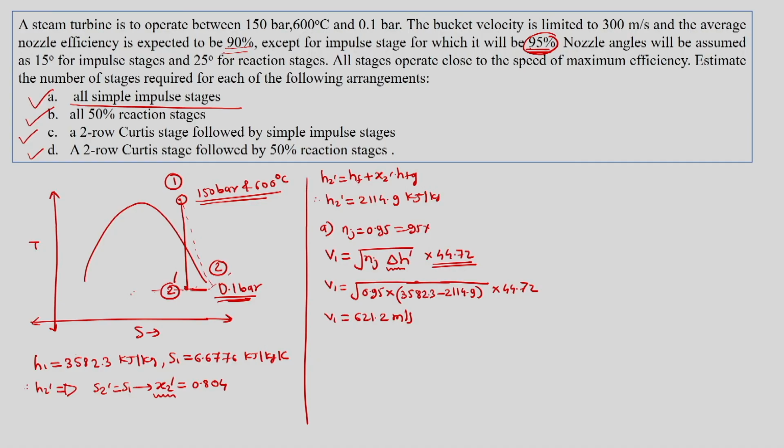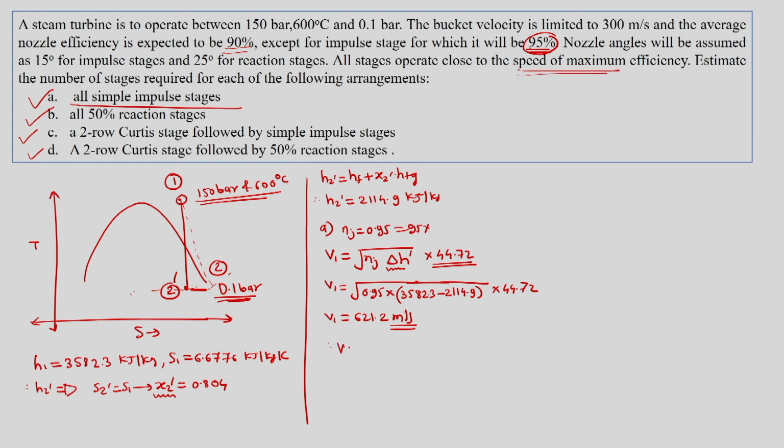We are writing this delta H in kilojoule per kg. That is why we have 44.72 as a number which is outside the square root. So we get velocity in meters per second. But we are told that all the stages work close to optimum.